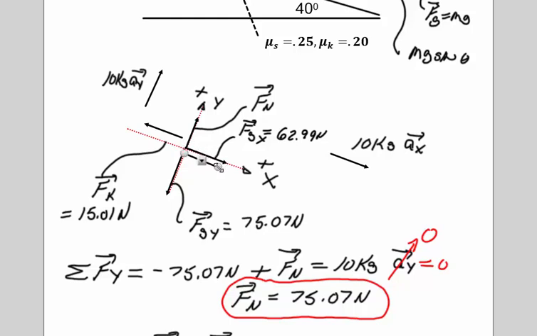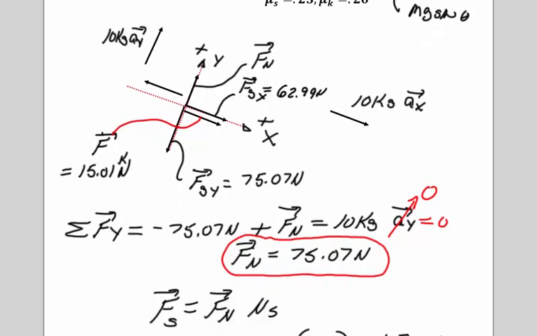Kinetic will go back this way. These values will be the same, so just remember, kinetic is resisting motion. Motion is going to move up, so kinetic is going to kick back and go back the other way.